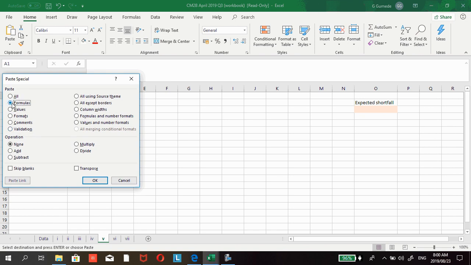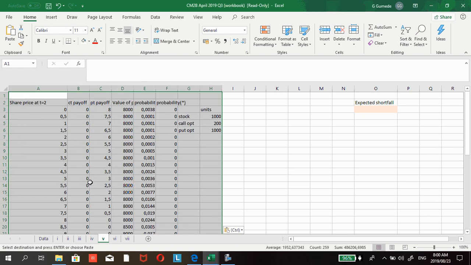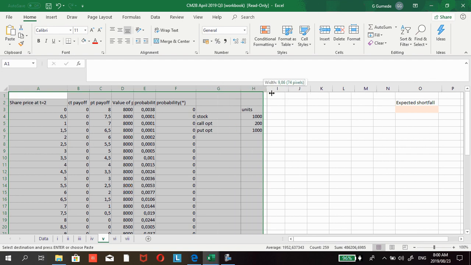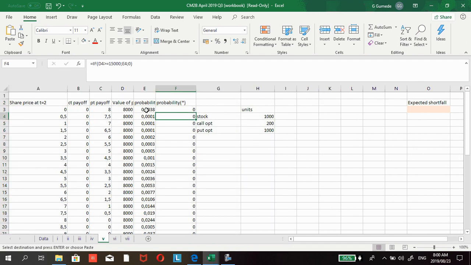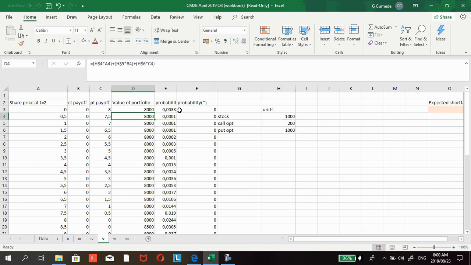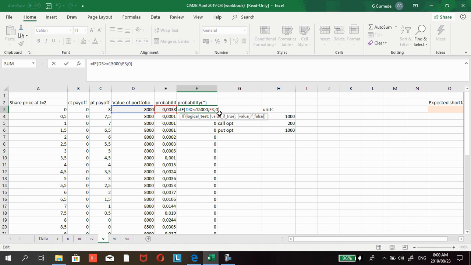So I'm going to paste formulas because I need that. I don't want that to change. So I'm going to paste OK there. And you can see I am ready to go. You can see all your formulas. Let me check if my formulas are written correctly. Okay, everything is still fine.